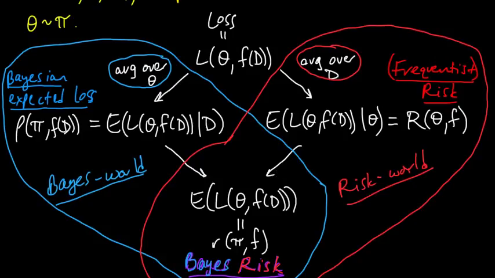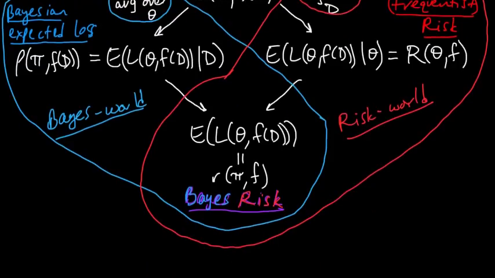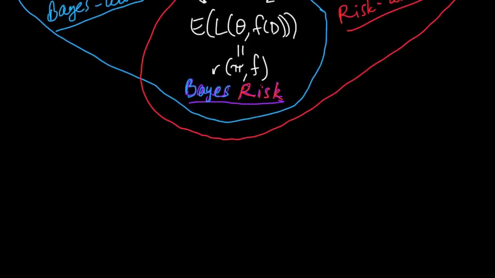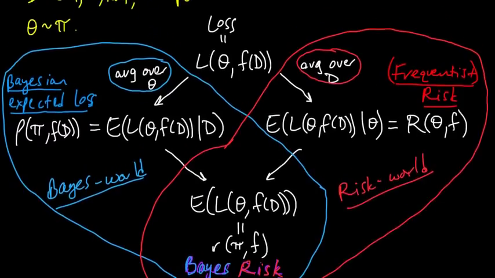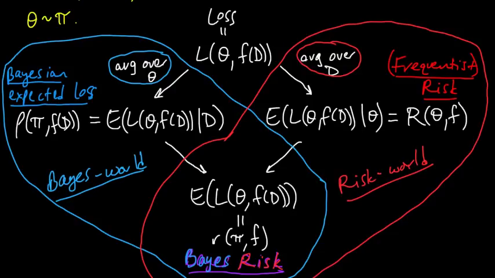Okay, so now back to the original question, which is, what do we do? What procedure should we choose? So let's talk about how this tells us what to do in these different cases. Well, let me back up. Before I get to that, let me say one more thing about this.